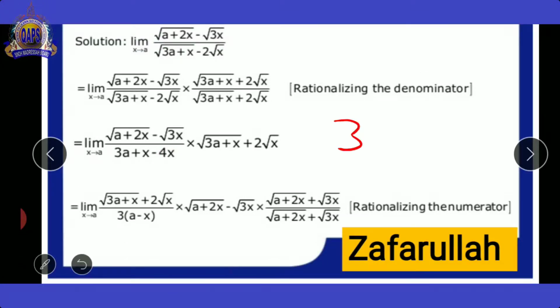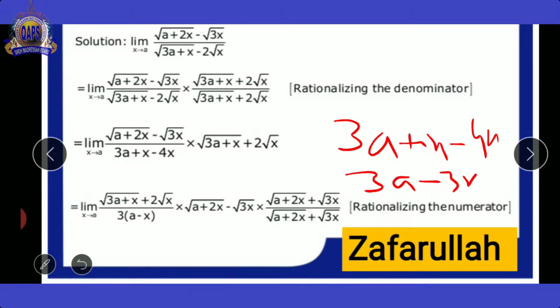minus 4x. When we subtract 4x from x, the outcome will become 3a minus 3x.